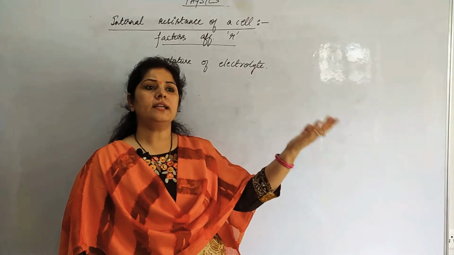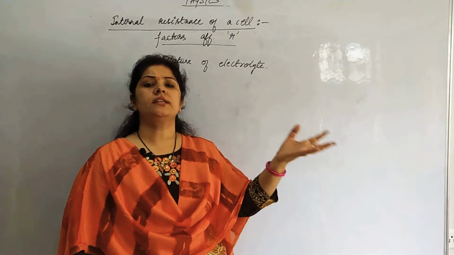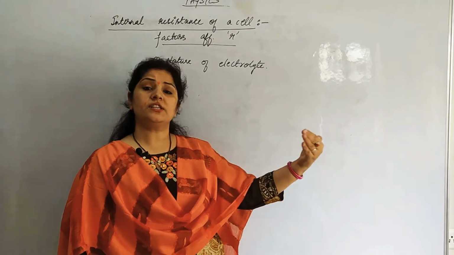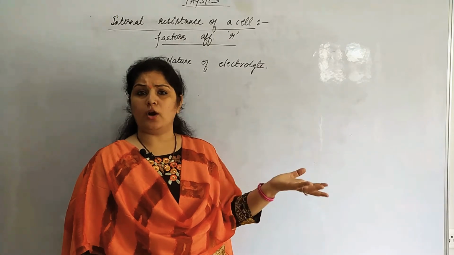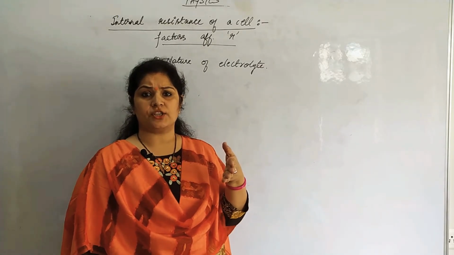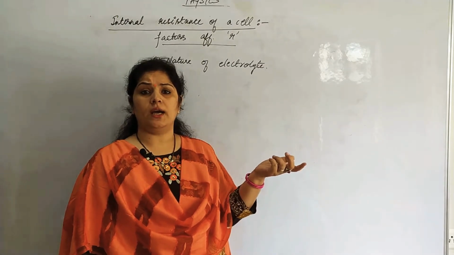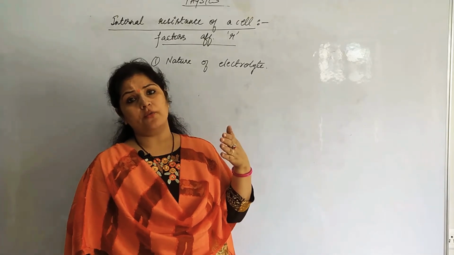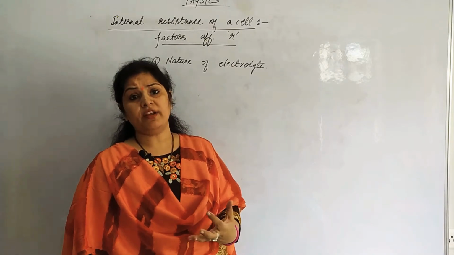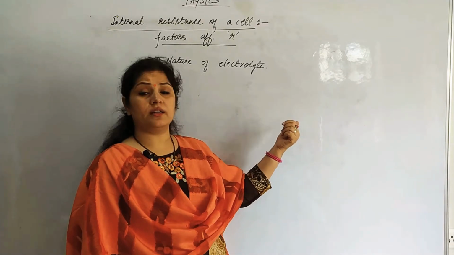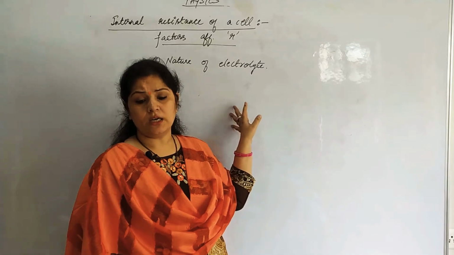Some are capable of giving reverse reaction, we can change the direction of reaction, but some cannot. For example, in zinc sulfate we cannot reverse the direction of reaction, but if we take H2SO4, then we can reverse the direction of reaction also. So the nature of electrolyte, what electrolyte we have taken, affects the internal resistance of a cell. This is the first factor.